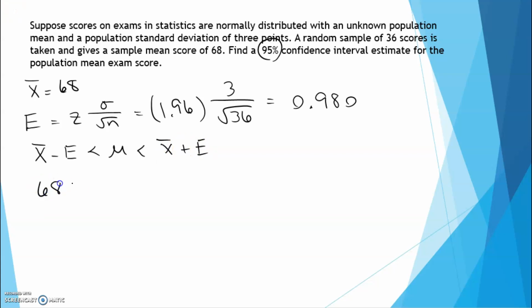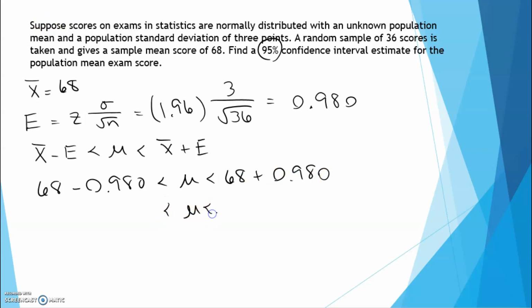So I've got 68 minus 0.980 less than mu less than 68 plus 0.980. Okay, so mu should be between 67.020 and 68.980.